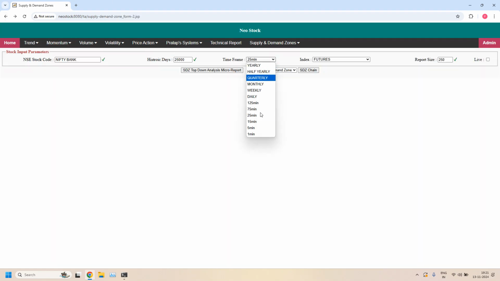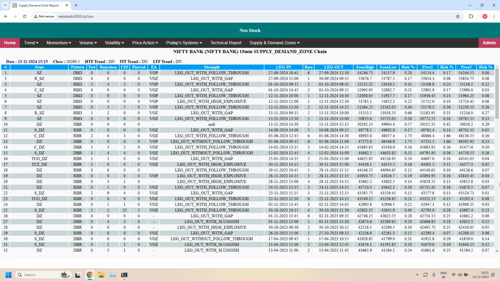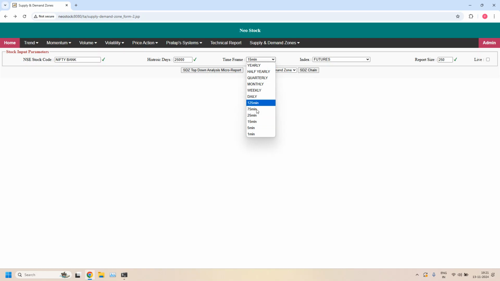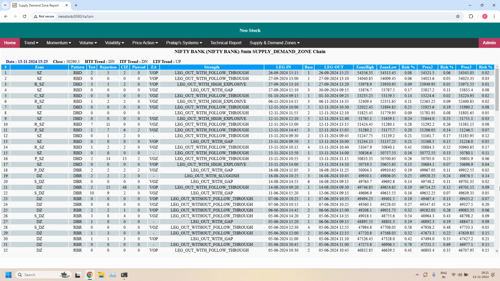Next time frame is 15 minutes, 15 minute supply demand zone chain for BANKNIFTY. And the last time frame is 5 minutes, generating 5 minute supply demand zone chain for BANKNIFTY. So this is about BANKNIFTY supply demand zone chain.